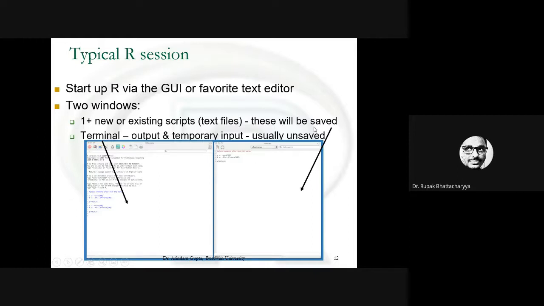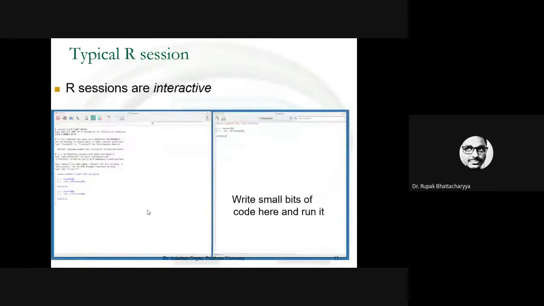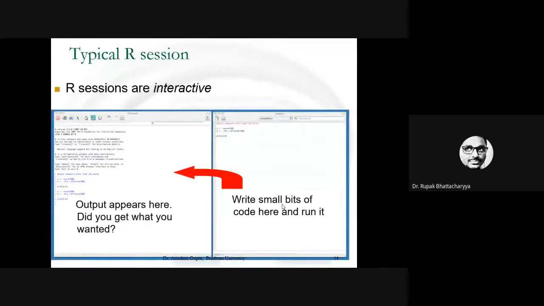The script will be saved and used in future, but the output window will not be saved or used in future. R sessions are interactive. Write small bits of code or syntax in the text editor in the script window, and then output appears here.